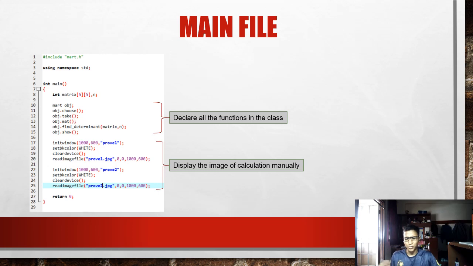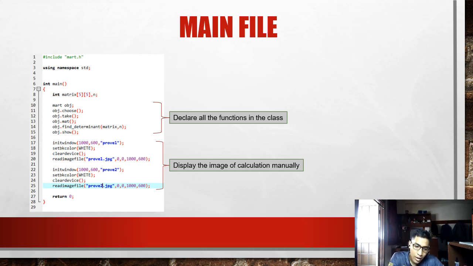I declare two variables, which are n and a two-dimensional matrix of size 5 times 5, 5 rows 5 columns. Then my class name is mat, and I declare the object obj, mat obj, and use it to call all the functions above. I declared all the functions in the class.